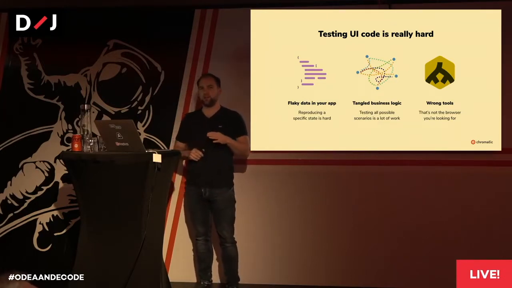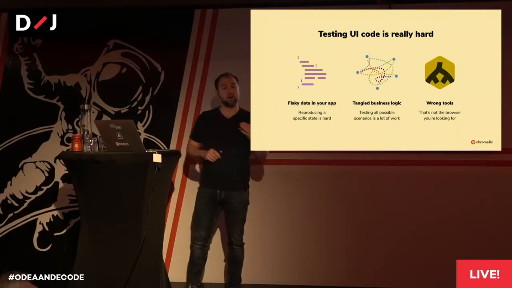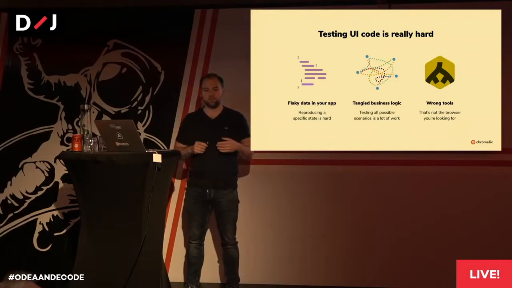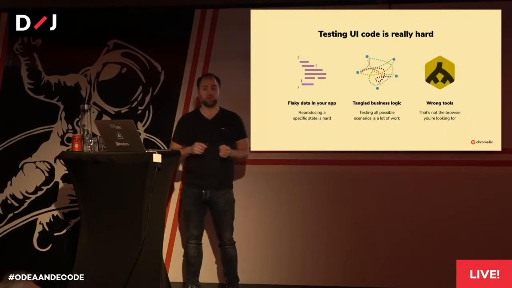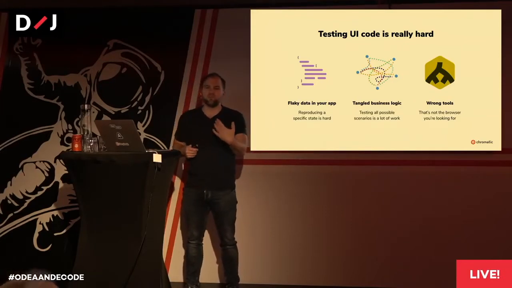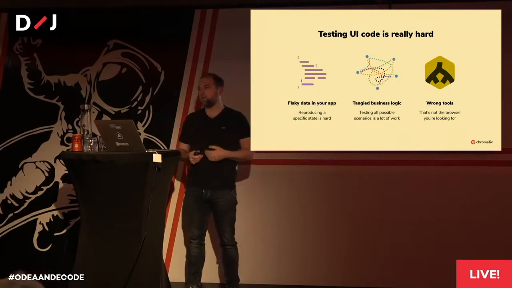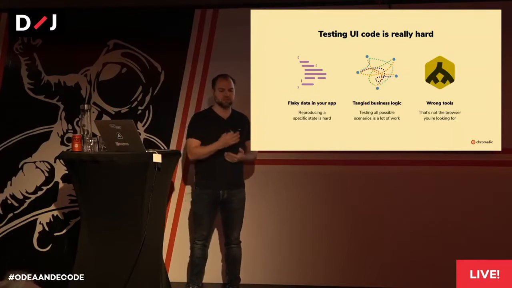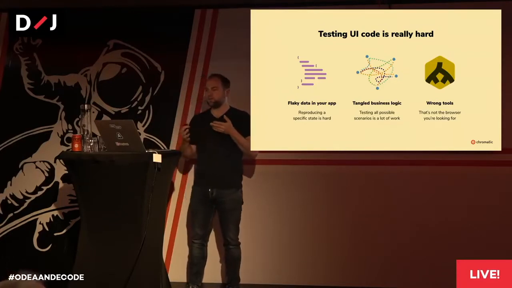And we are dealing with the wrong tools. There are tools to test user interfaces, and in fact, the front-end framework authors are doing a really good job to try to make it easier as they go along and release new versions. And there are systems in the ecosystem to allow you to test those user interfaces.